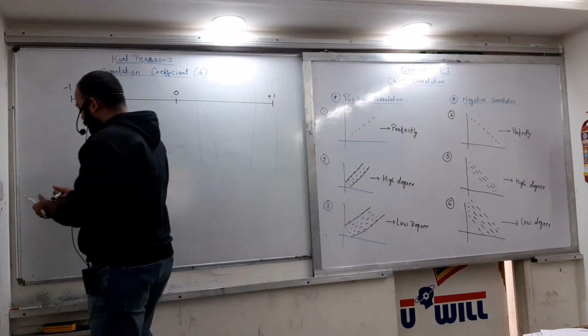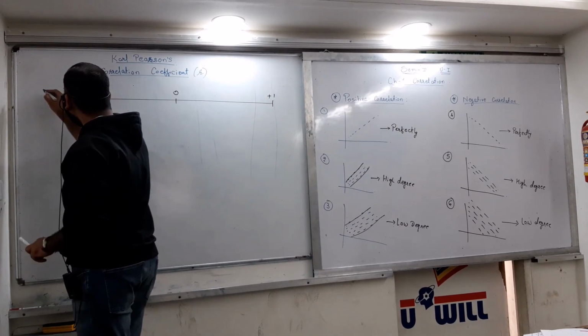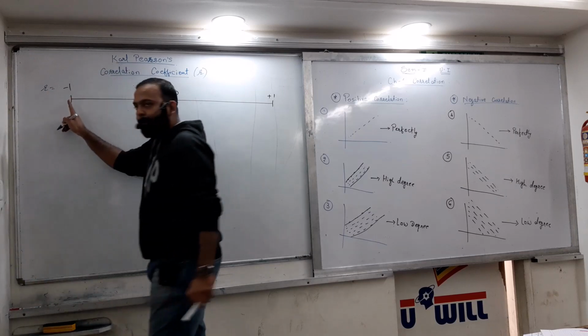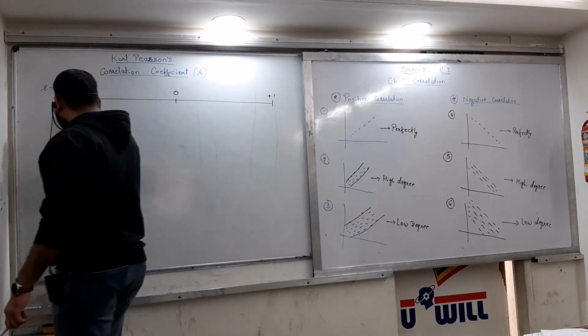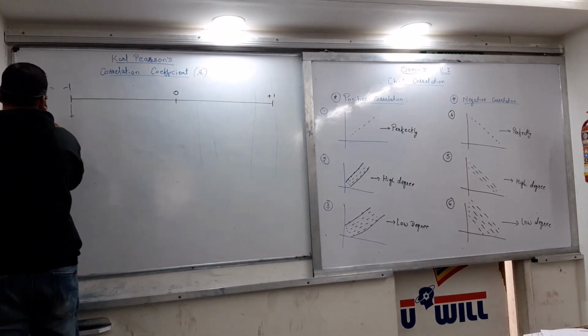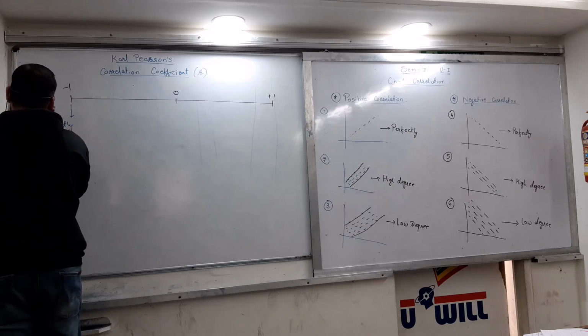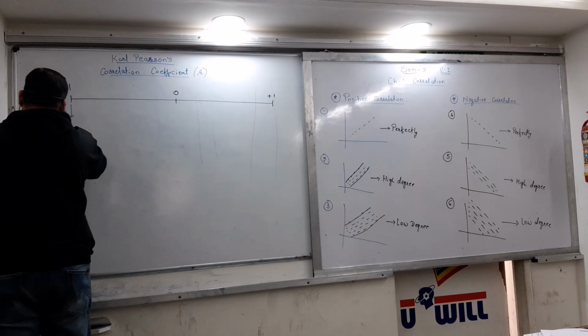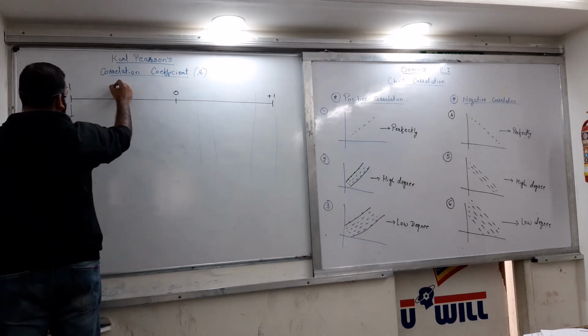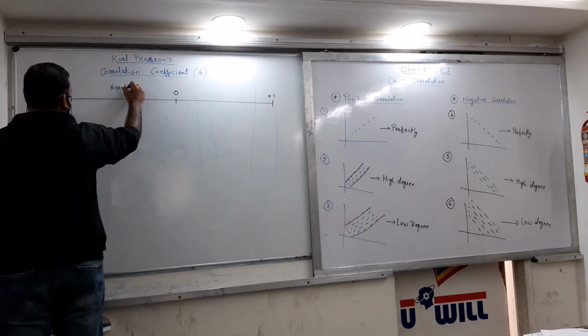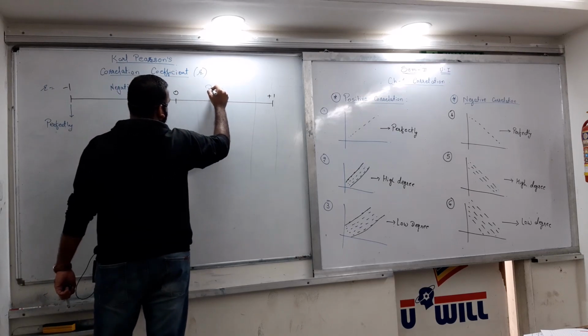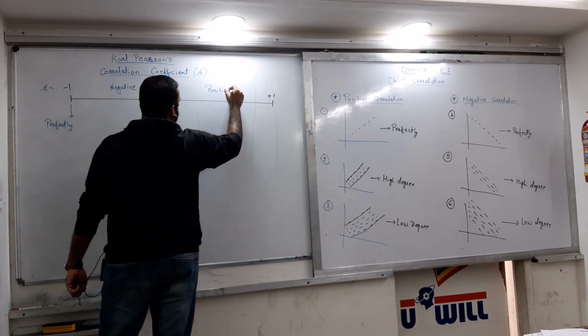When the correlation of something is equal to -1, so this is perfectly negatively correlated, because this is the negative side and this is the positive side.